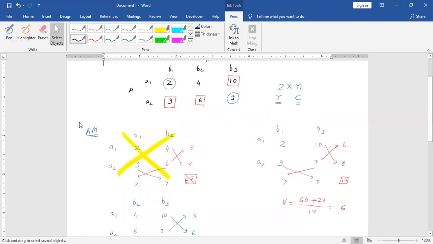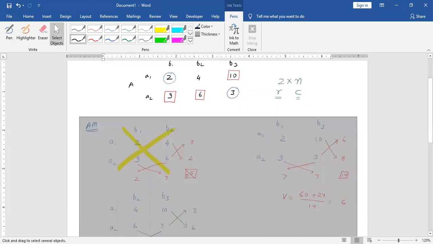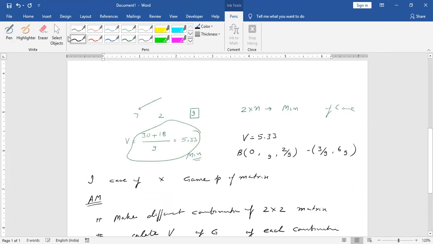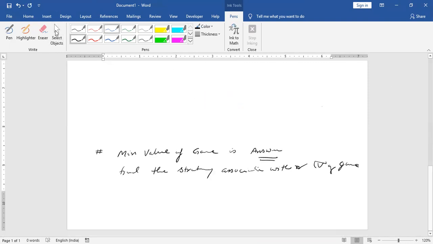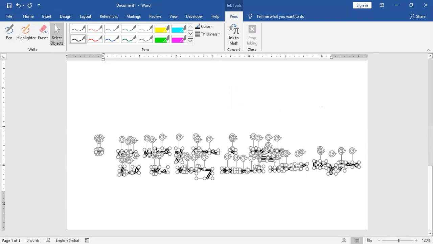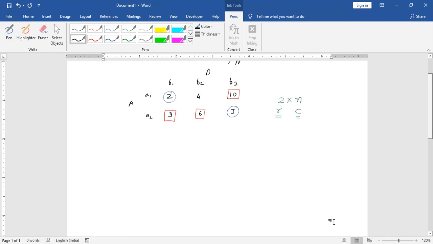So I'm going to clean it, delete. As we know, our answer is 5.33, right? 5.33. Okay, so I clean my board to make a graph to explain to you.